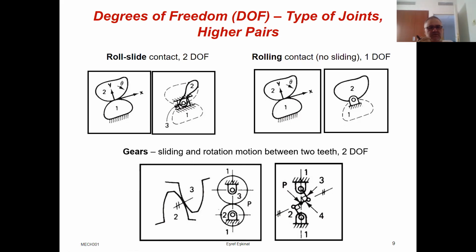If the gears are loose, they don't constrain. So without the revolute joints, could the gears do this kind of motion, sliding sideways? Yes, without the revolute joints, gears can do that motion, sliding and rotation. So it's a sideways sliding. Yes. Okay, thank you, Hocam.